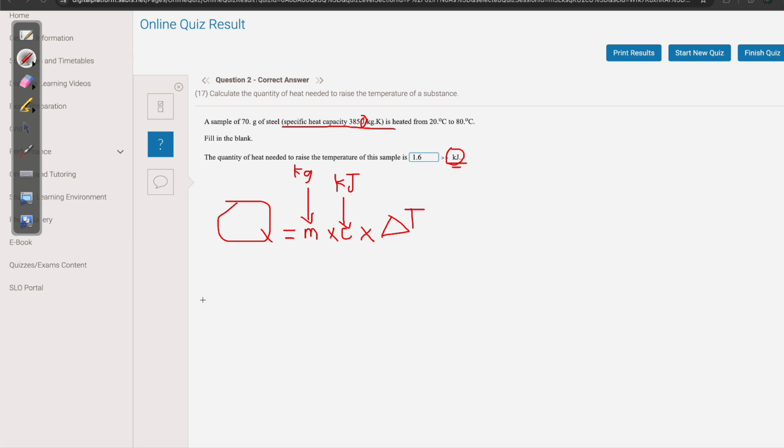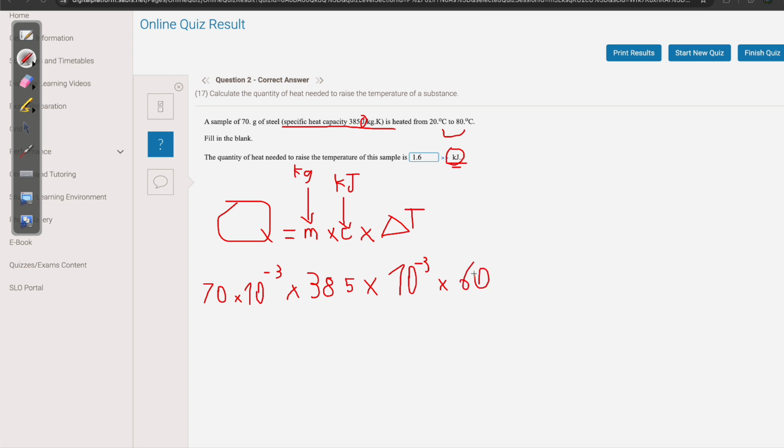So 70 grams to kilograms, so 70 times 10 to the negative 3 to convert it to kilograms, times 385, again times 10 to the negative 3, because we need it in kilojoules, not joules, times change in temperature, which is final minus initial. 80 minus 20 is 60.